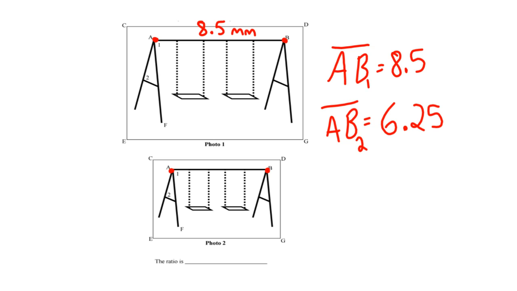So I've got 8.5 millimeters for AB up here, 6.25 for AB down here. I'm just going to make a note of that off to the side. So I've got my AB1 in a ratio with my AB2: 8.5 on top, 6.25 on the bottom.